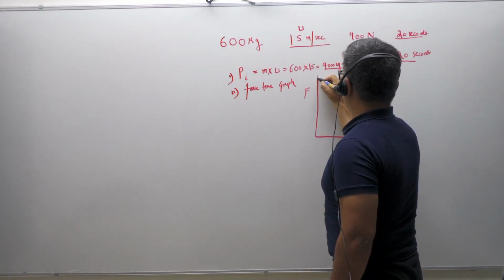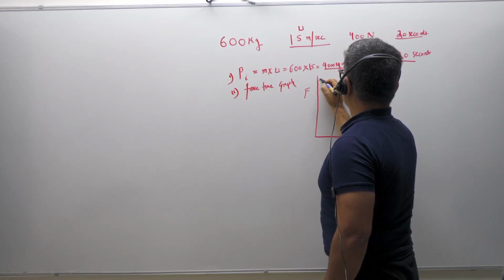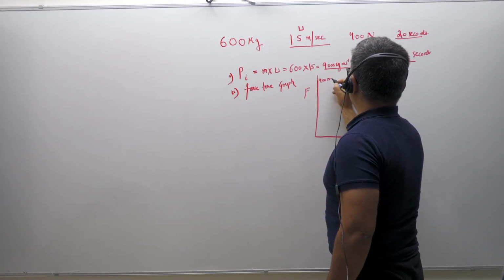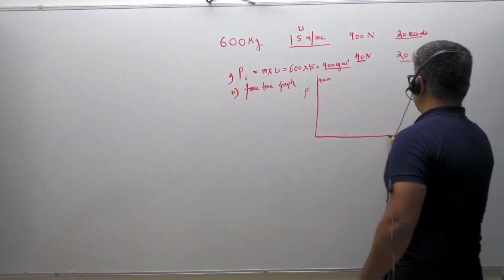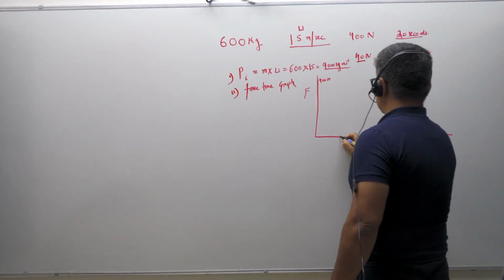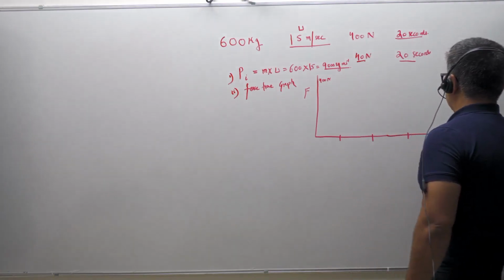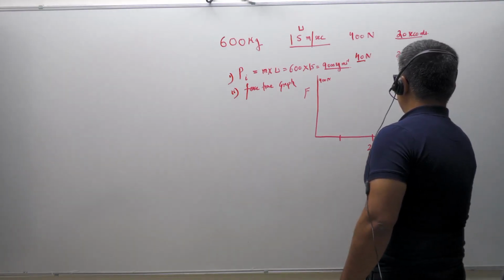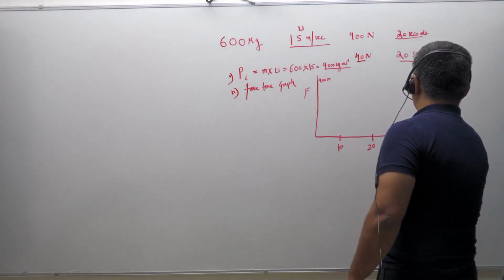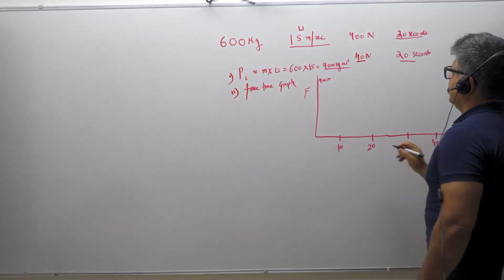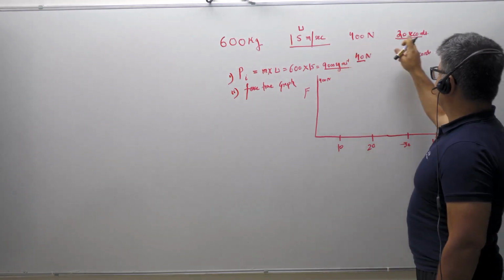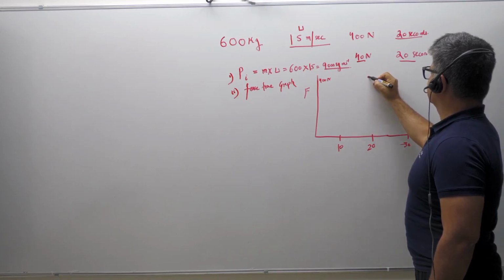So say 400 newtons is somewhere here, and you have applied this for a period of 20 seconds. So this is 5, 10, 15, 20. Maybe this is 20, right? So let's say 10, 20, 30 and 40. So this is 400 newtons applied for 20 seconds, which is this.